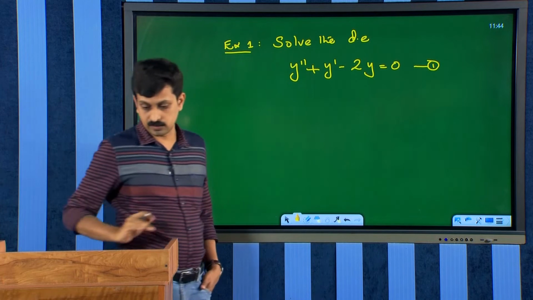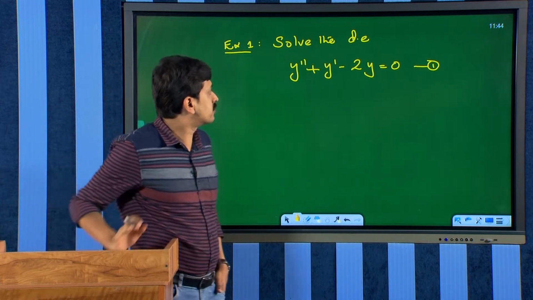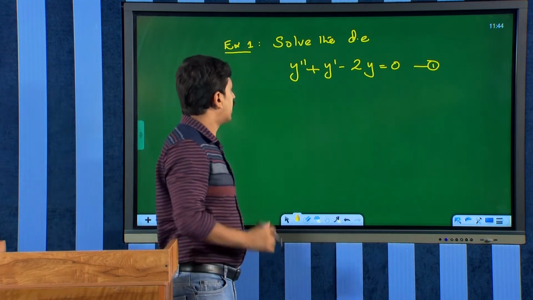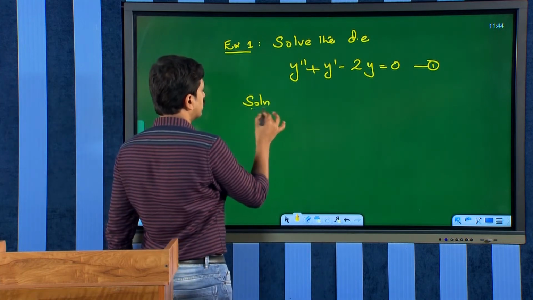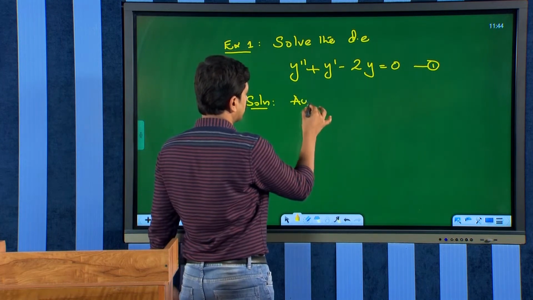Suppose this is equation number 1. So, my dear students, this is a differential equation. First of all, to find the solution, we write the auxiliary equation.